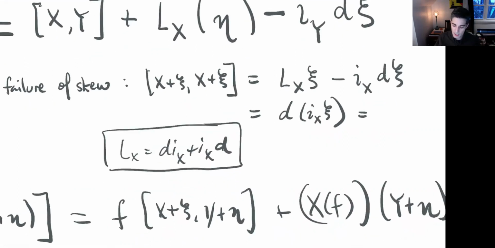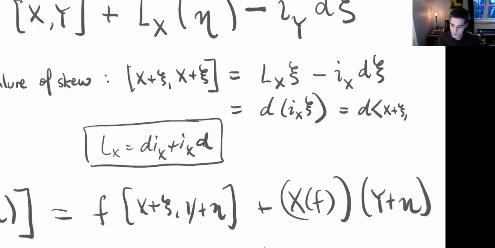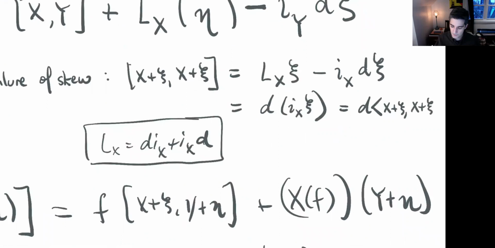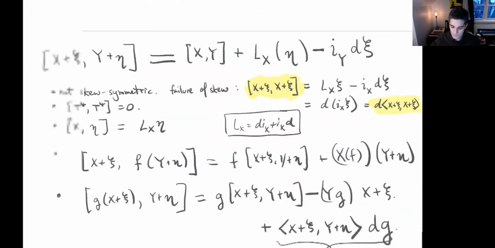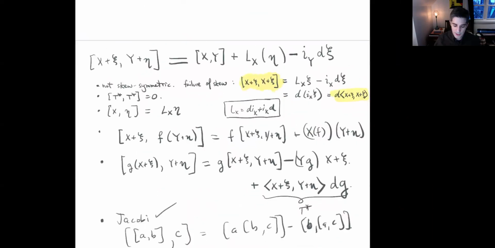And this can be written as d of the inner product of X plus ξ with itself. So take a look, this is an important one. The bracket of a vector plus one-form with itself is exact, and it's given exactly by the inner product. So again, the failure of being skew symmetric is exact.